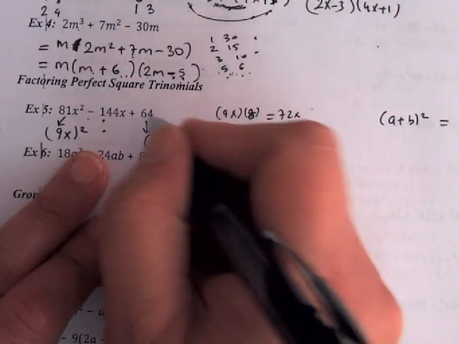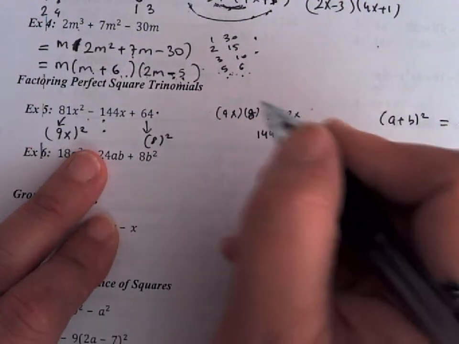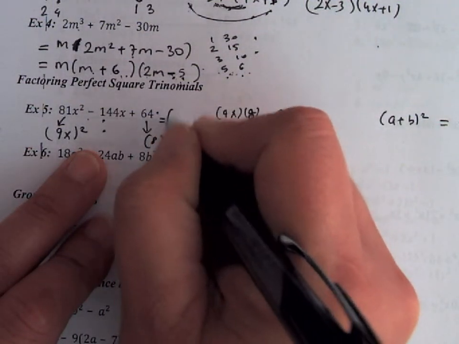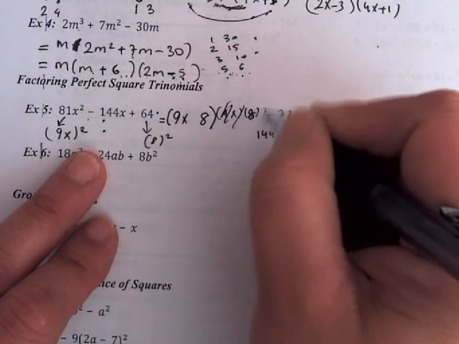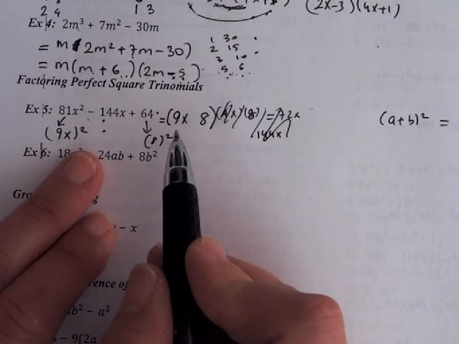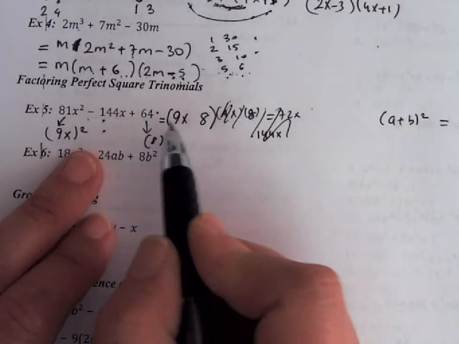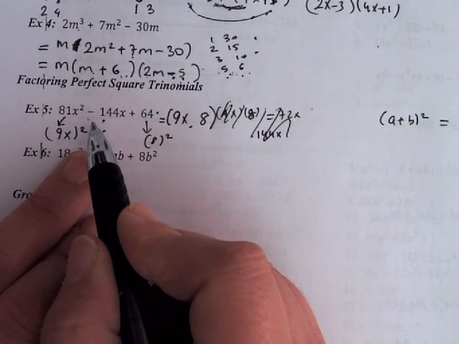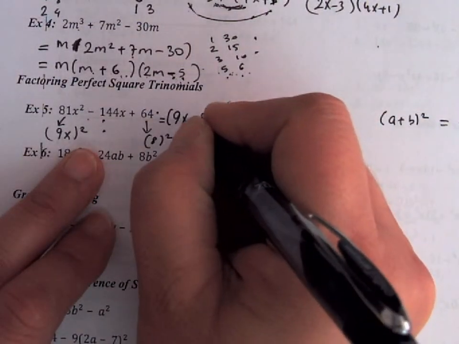So this means that this is a perfect square trinomial. So then you factor it as 9x and 8. Okay, what sign you're gonna put here? Positive or negative? If the middle term is negative, you will put a negative. If the middle term is positive, then you will put a positive. In this case, it is negative, so I put a negative sign.